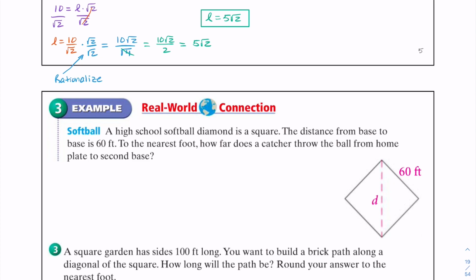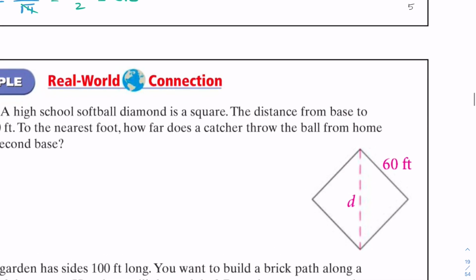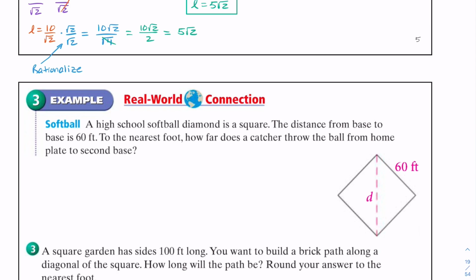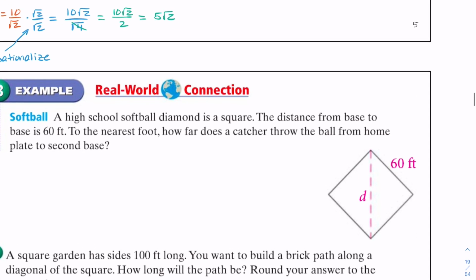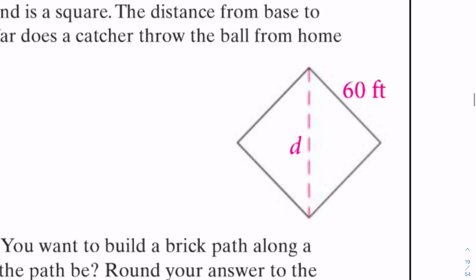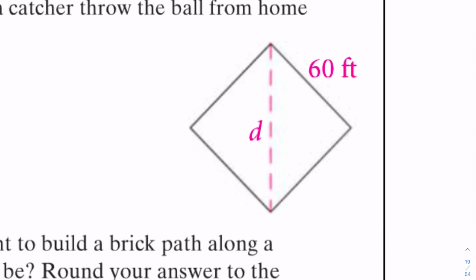Here we have example 3. A high school softball diamond is a square. The distance from base to base is 60 feet. How far does a catcher throw the ball from home plate to second base? So we're going from home.